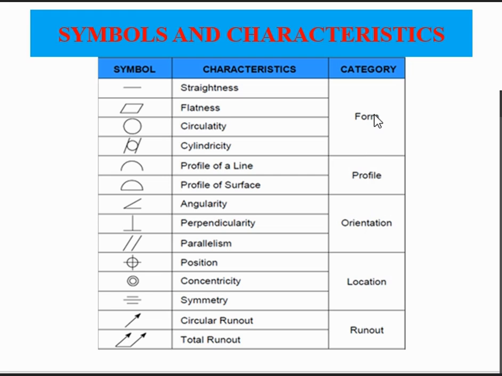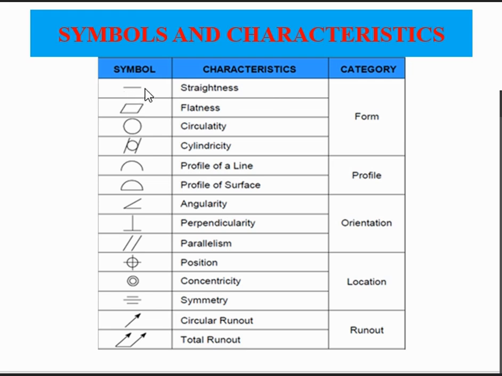So let's discuss the form features. Straightness is a form, flatness is a form, circularity of a cylinder is a form, cylindricity of a shaft is a form. These types of features in the engineering drawing will be represented by symbols.